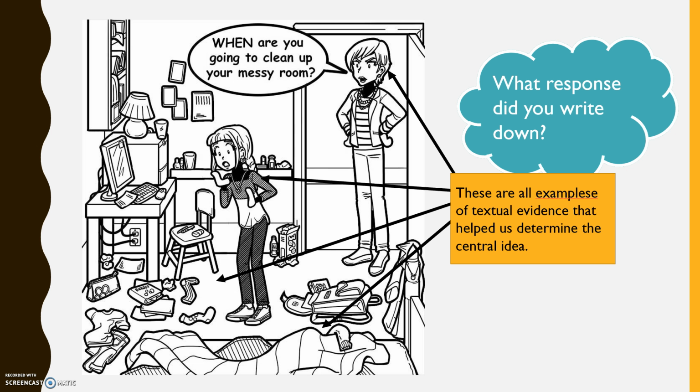So we know that the mom is getting on to her or upset with her about her messy room. So here is the evidence we possibly looked at to help us come up with our central idea: looking at the mother's expression, looking at the young girl's expression, and also looking at different areas of the room to notice and realize that it's very disorganized or messy. Now we're going to move on to our activity for today.